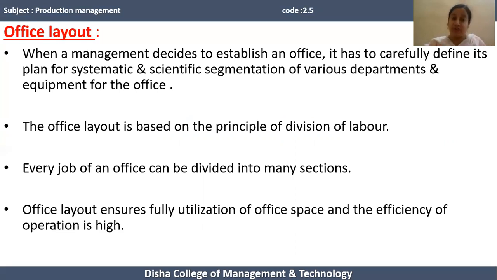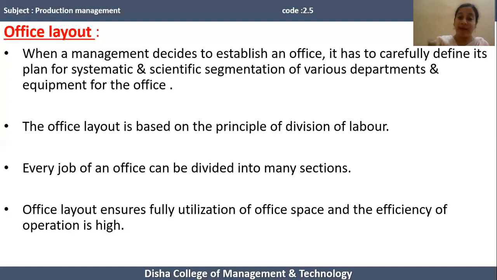So office layout is an arrangement of office equipment and the required things in an office in a sequential manner, so that the office personnel or the organization can use everything in a most effective and efficient manner. It means when a management decides to establish an office, it has to carefully define its plan for systematic and scientific segmentation of various departments and equipment for the office.